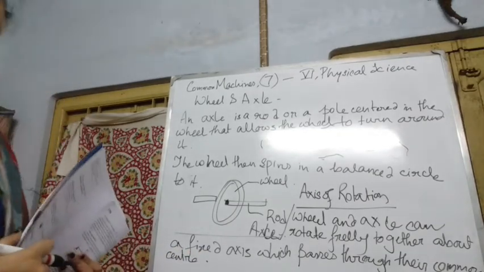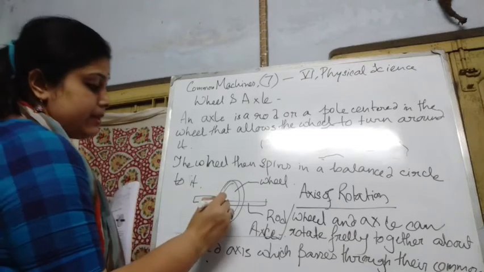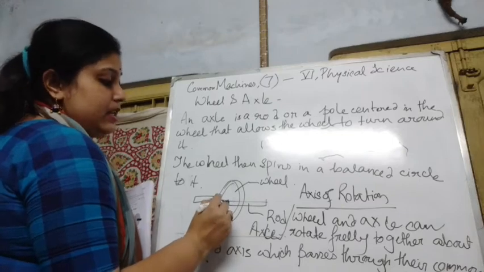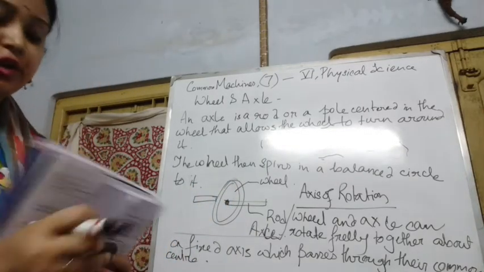This is called the axis of rotation, which is this point, the middle point of this axle as well as this wheel.